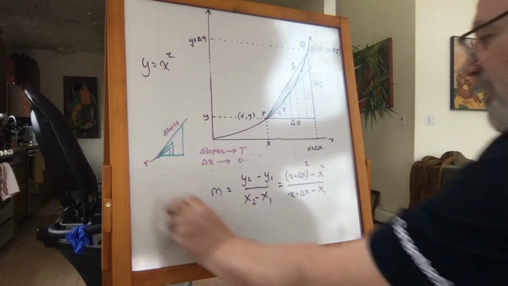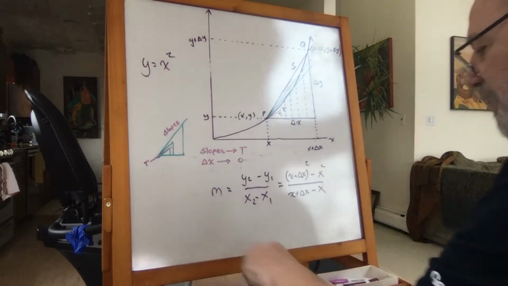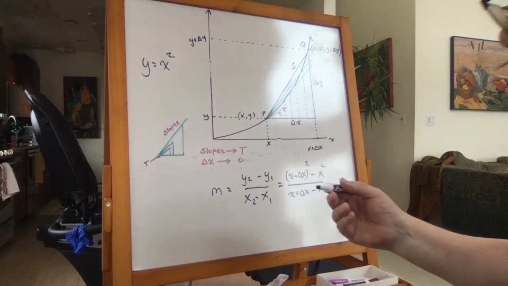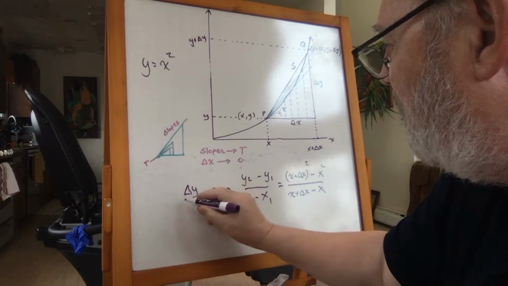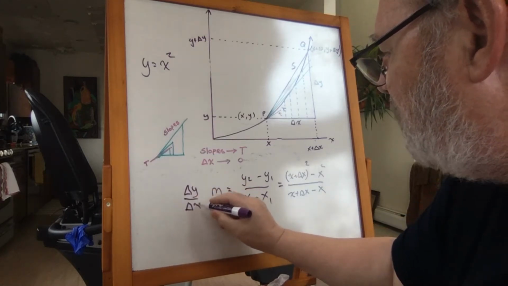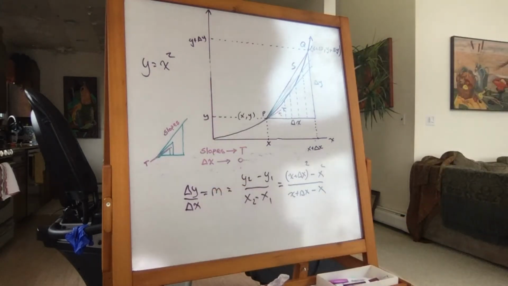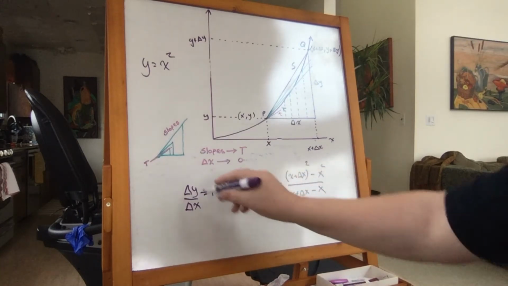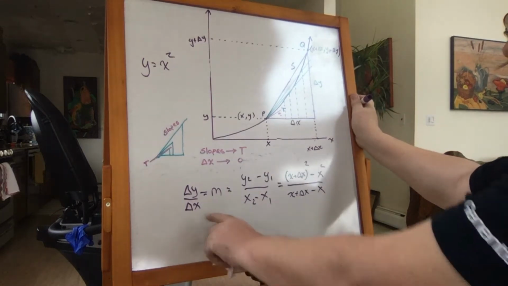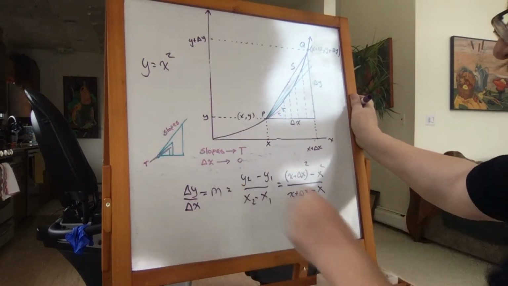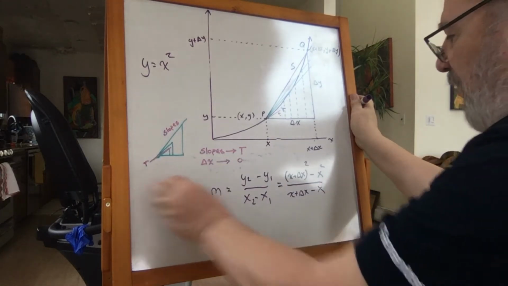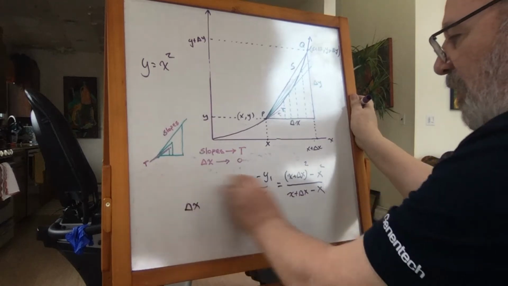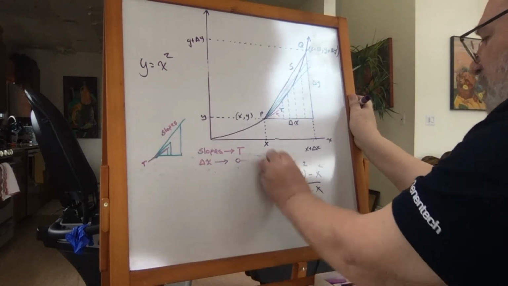Now we have our expression for a slope. And remember, our slope is delta y divided by delta x. So now we have an equation that represents the slope. And if we squeeze delta x to 0, then in our limit, we look at the behavior of this function, and we call that the derivative.